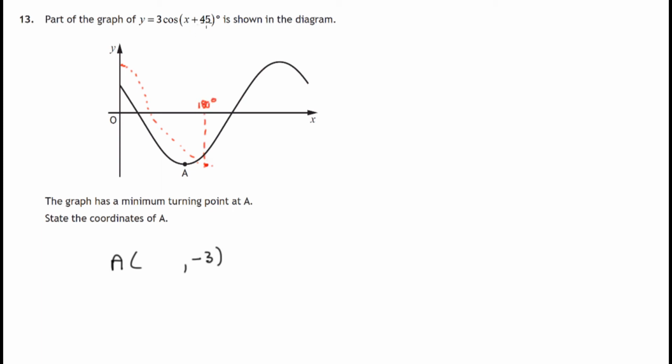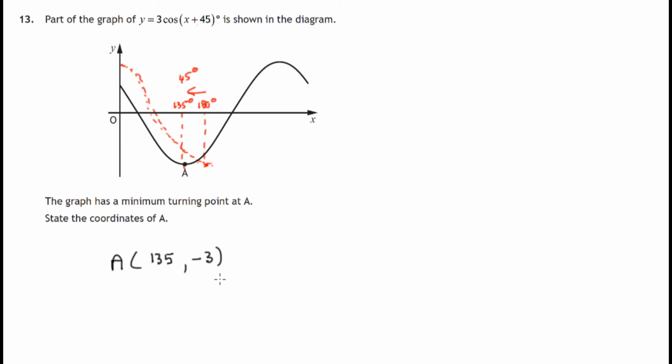But we notice we've added 45, so this red graph that I've attempted to draw in will have moved 45 degrees to the left. So the minimum point, that's A, would now appear at 180 minus 45, which is 135 degrees. So the x-coordinate of this minimum is 135.